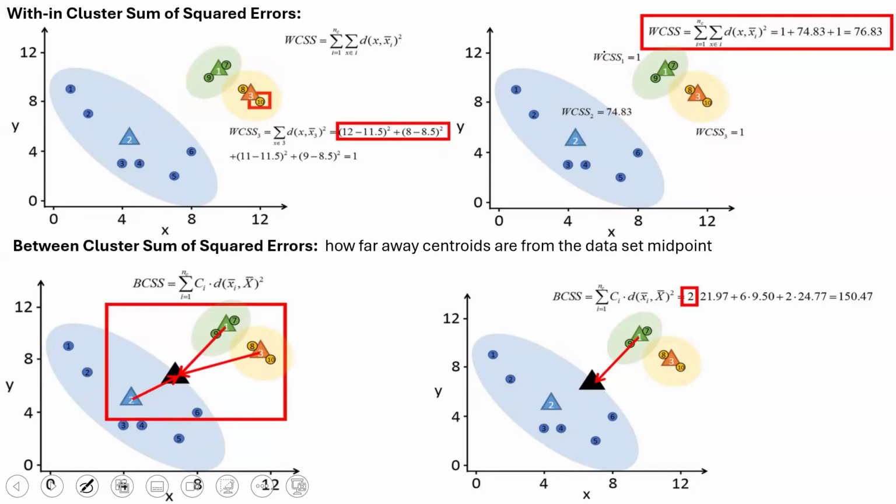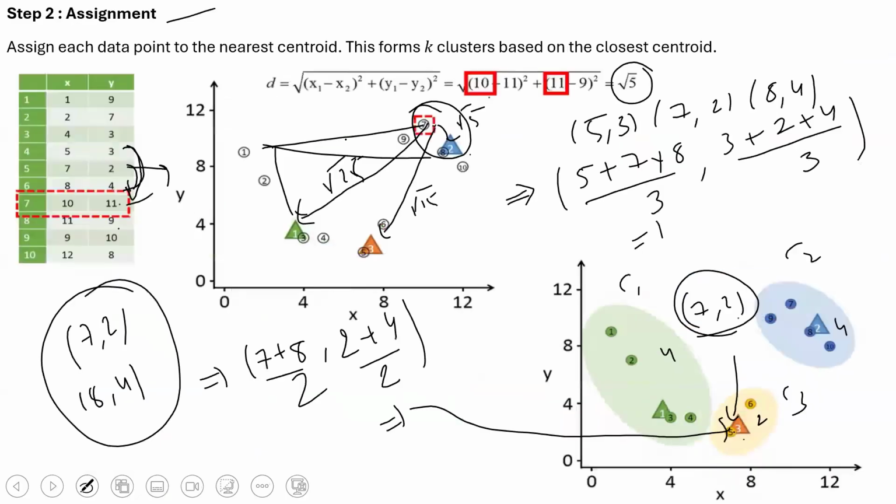Take the centroid, calculate the distance from the centroid to every point, and take the sum of that. Now if you look at this, for point number 8 and 10, you calculate the distance from the centroid, which is 11.5 comma 8.5, to that particular point.